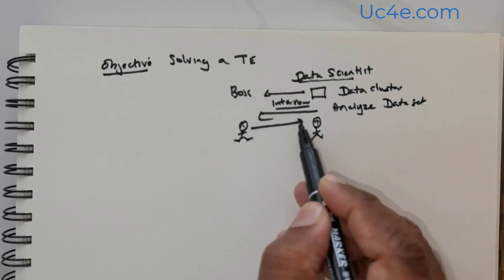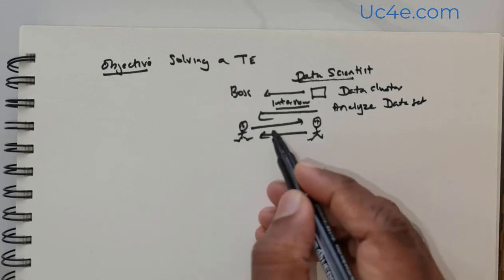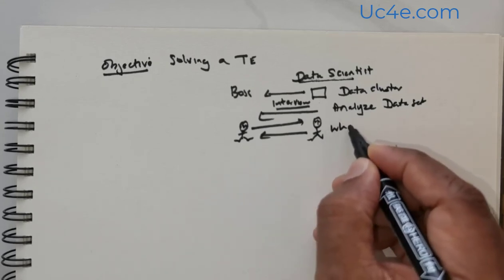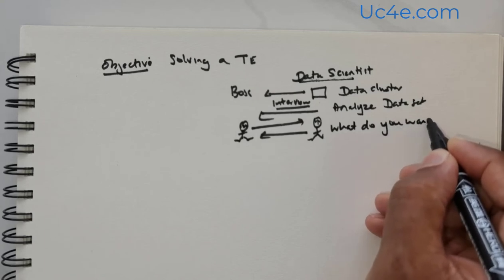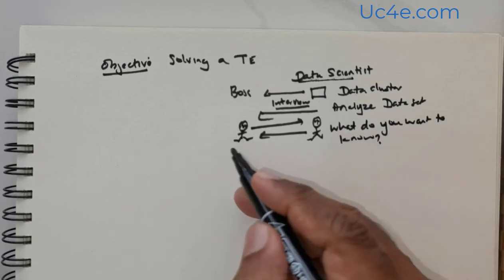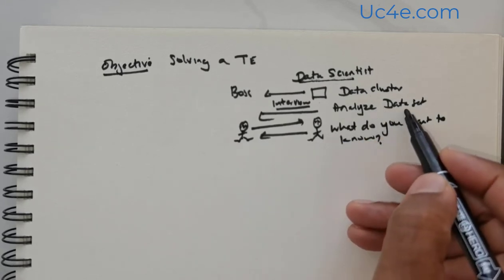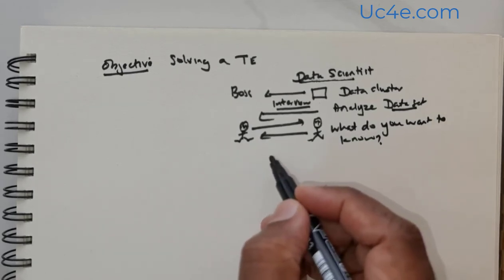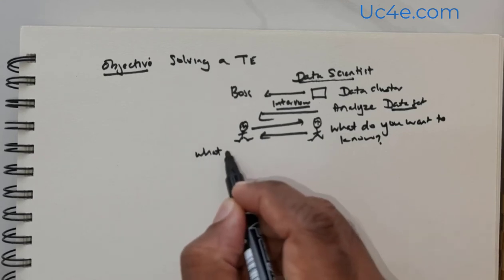The question comes back to the boss: you're asking me to analyze, what do you want to know? The boss immediately tells him, look, that's why I have given you the data set. So you analyze and tell me, what exactly should I know?